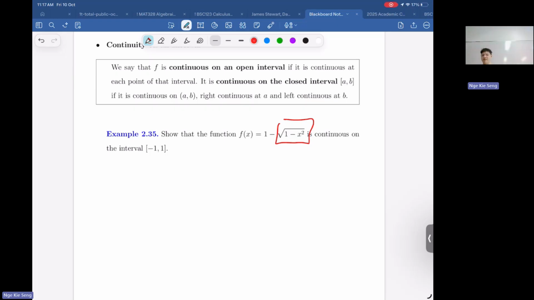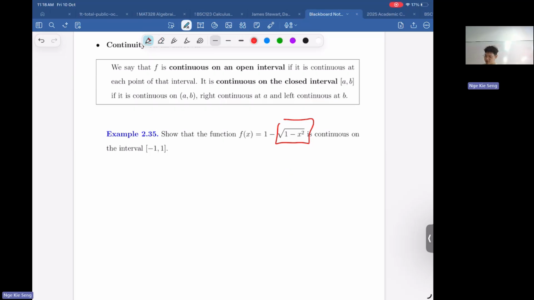But what is square root of 1 minus x squared here? This is a little bit different from square root x. But anyone know how to draw this? Anyone has any idea?